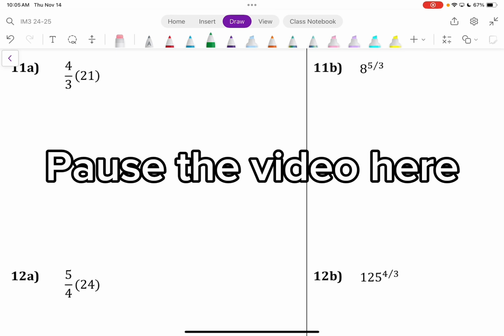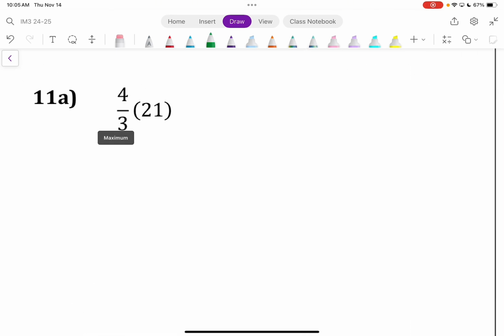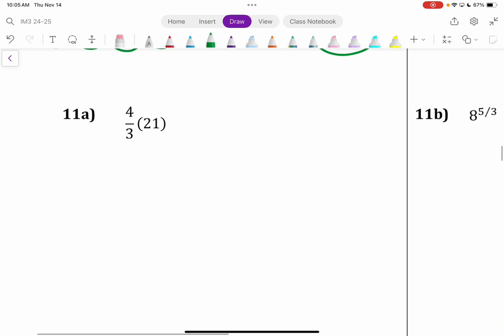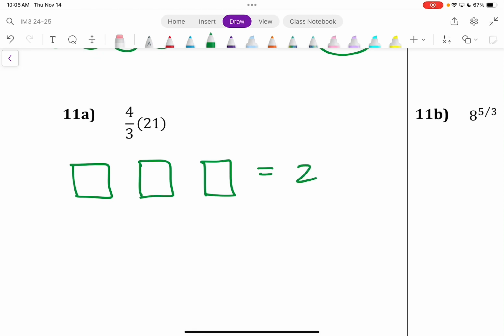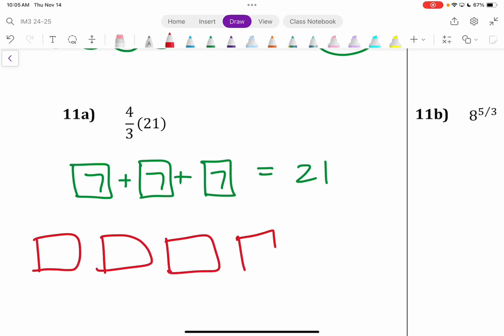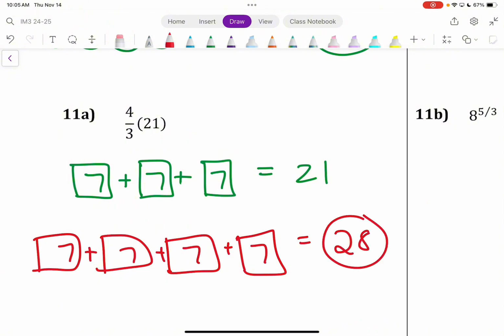All right, so you should be moving on to 12a and 12b now. Like I said, I'll put the solutions up for 11a and 11b. So 3 groups of what to get 21? 3 groups of 7. We want a total of 4 of these. 7, 7, 7, and 7 make a total of 28.